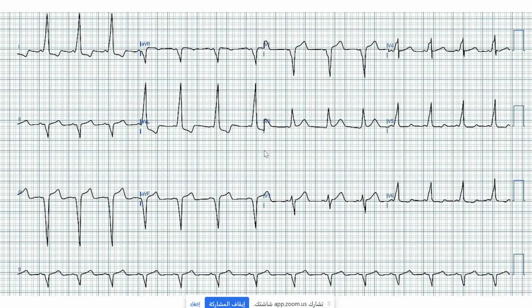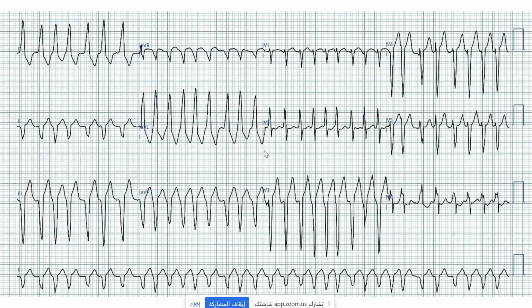If the patient presented to you with this ECG and you are covering the emergency room, what are the most important things to look for? Avoid an AV blocking agent.